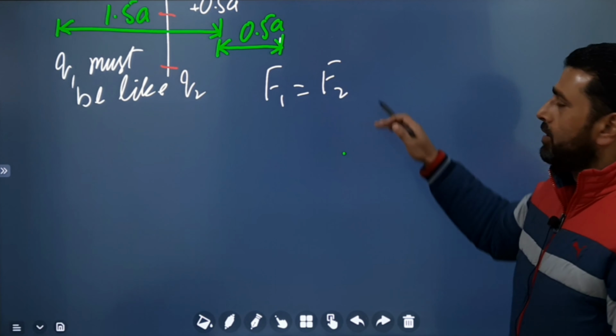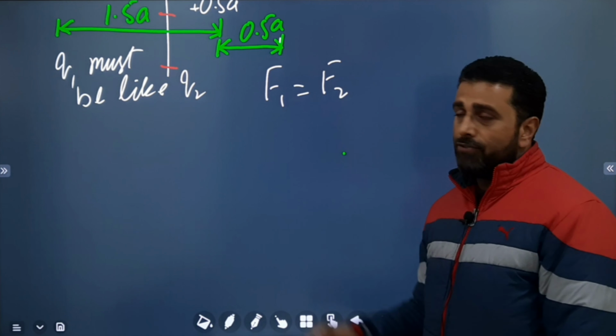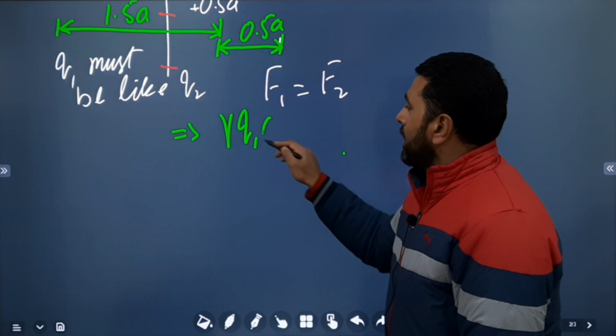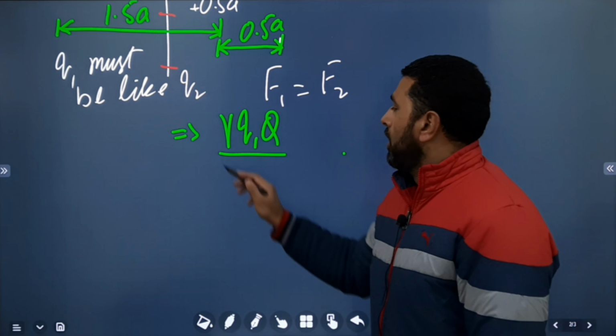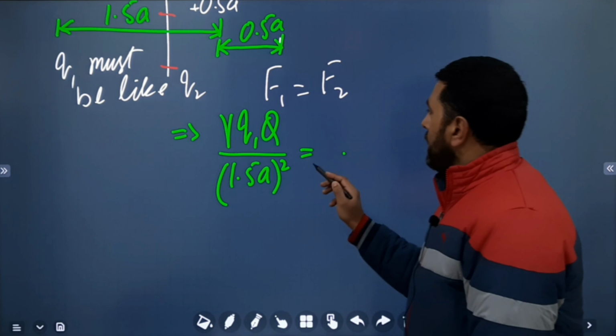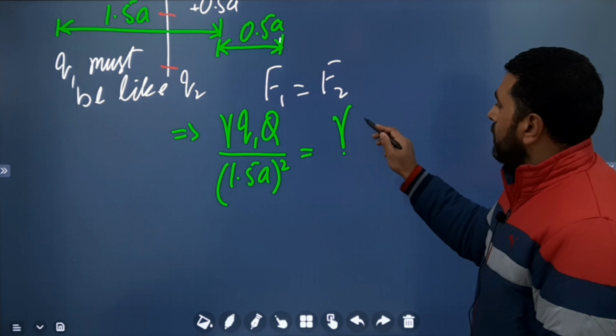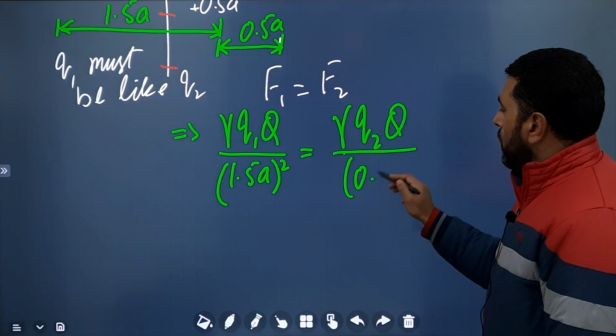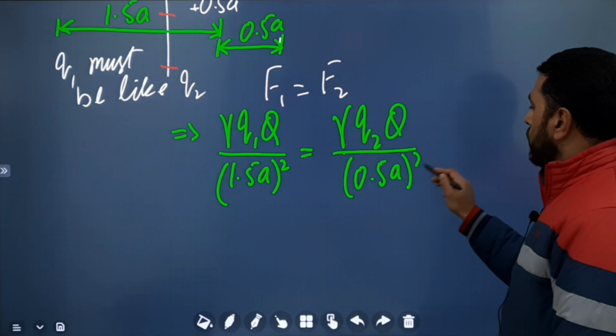Now we'll substitute F1 and F2. F1 is gamma Q1 capital Q divided by (1.5 A) squared, which is equal to F2, gamma Q2 capital Q divided by (0.5 A) squared.